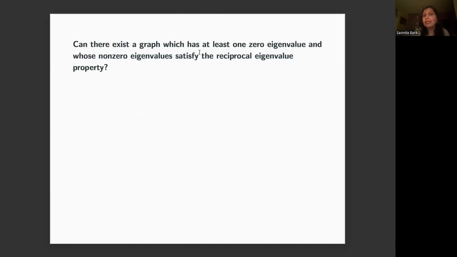Can there exist a graph which has at least one zero eigenvalue, that means it is singular, and whose non-zero eigenvalues satisfy the reciprocal eigenvalue property, that means if lambda is an eigenvalue, then 1 by lambda is an eigenvalue? Such a graph, is there or not? That's the question we consider. If such a graph exists, we call it a graph with weak reciprocal eigenvalue property.